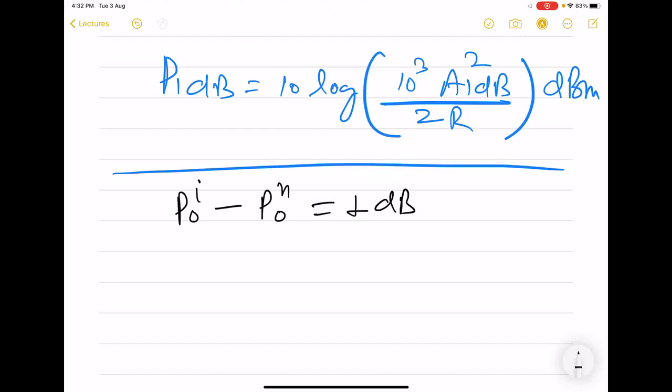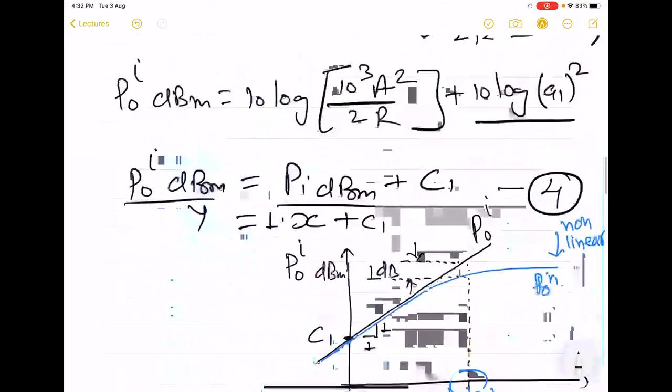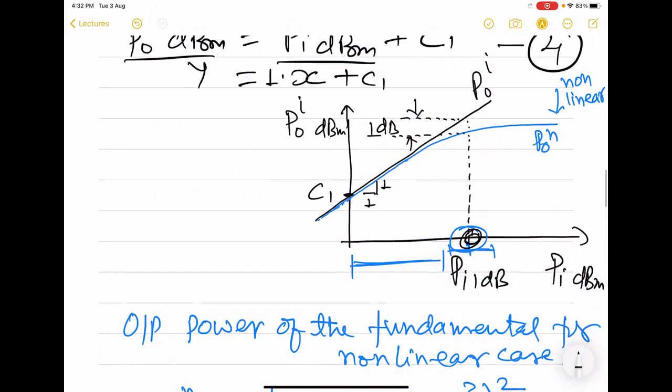Recall that both the ideal amplifier and the non-ideal amplifier are, in theory, being fed by the same input.